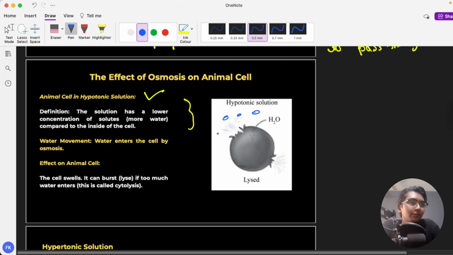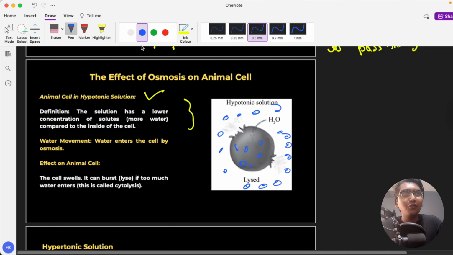For example, this is a hypotonic solution, and inside there is only this amount of water molecules present. So a hypotonic solution has more water molecules than inside the cell. So what did we learn about osmosis?